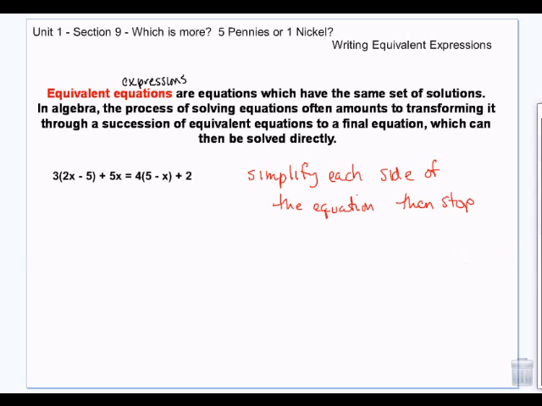So what we do is put a line, and you just do not cross it. We're not going to cross that line. Okay. And so I'm going to simplify the left first. To do that, I'm going to distribute.